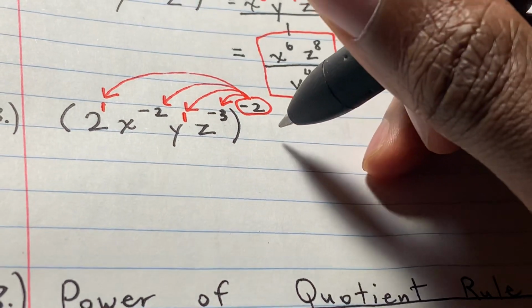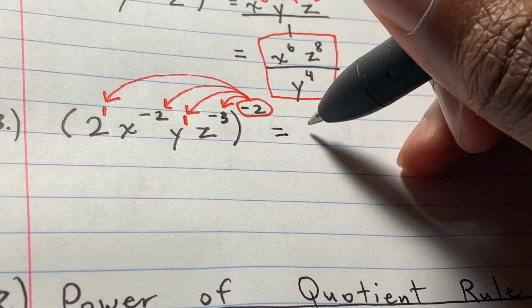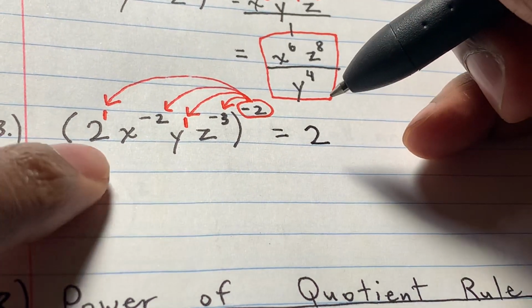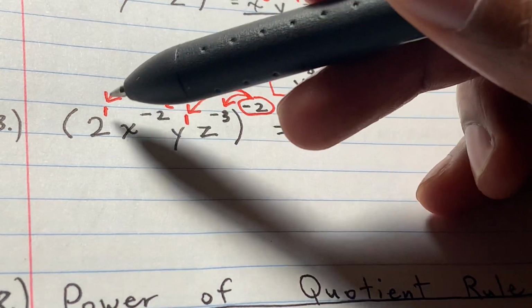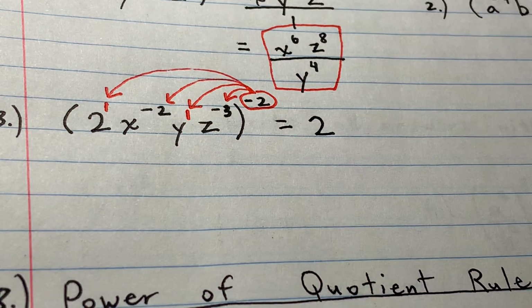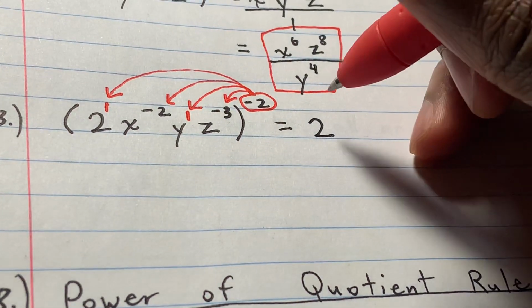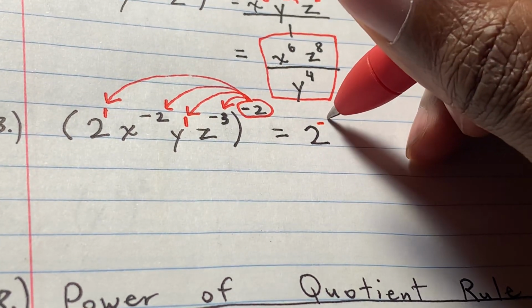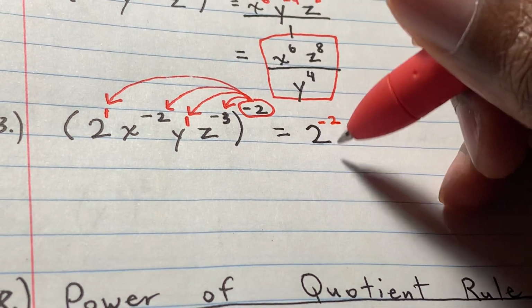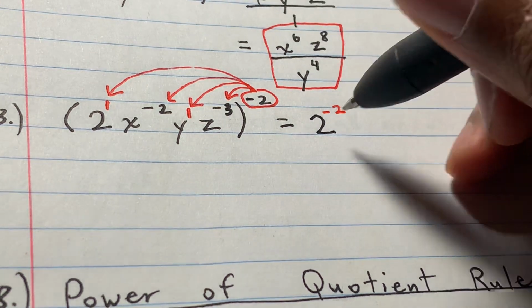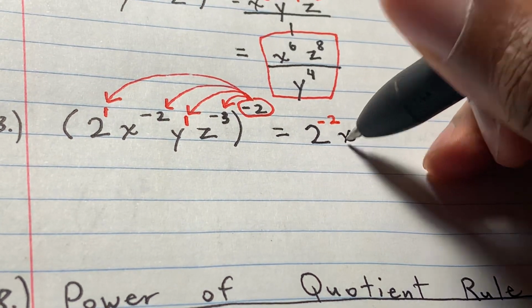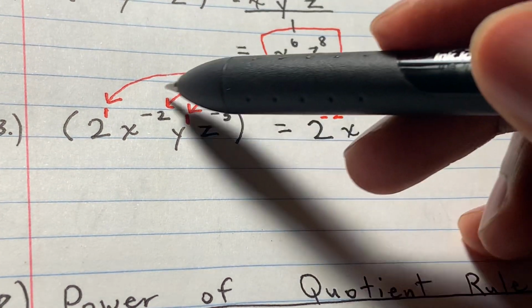So I'm going to put here equals. I'm going to put here 2, which is the coefficient, all right? And now -2 times +1 is -2, correct? So it's 2 to the -2 power, all right? And now I have x, okay? -2 times -2.